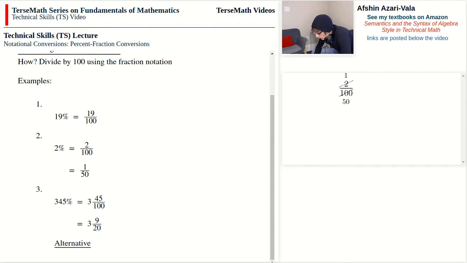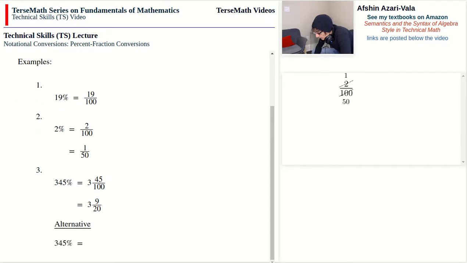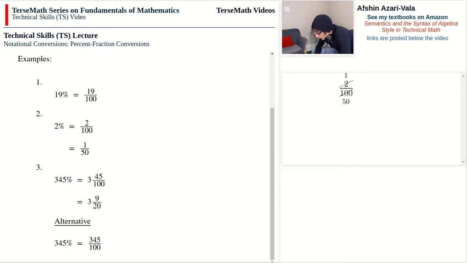Again, the alternative of writing 345% as 345 over 100, it does work, but you'll do extra work. Now in this case, you will have to divide 345 by 100, and again, I'll let you try that long division. But you'll find that 3 will come out as the whole part, and then you will have 45 as your remainder. You get 45 hundredths, which reduces to 9 over 20.